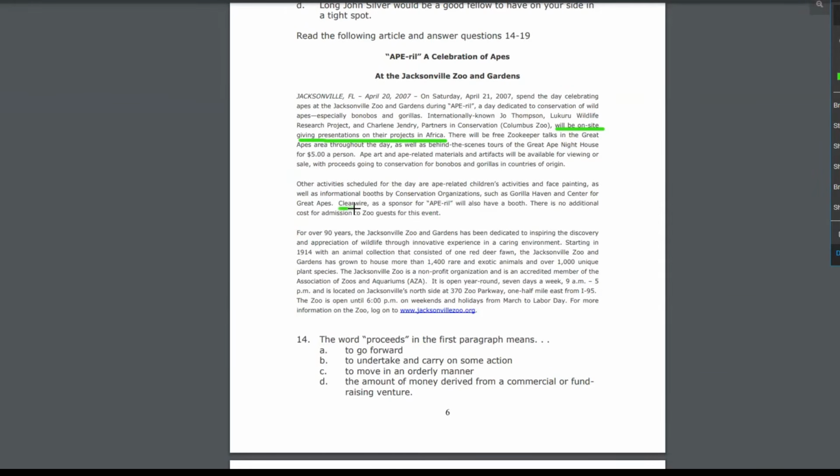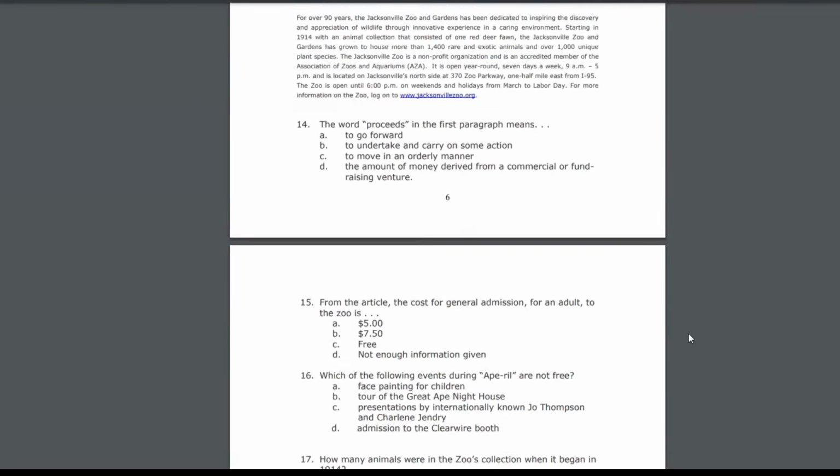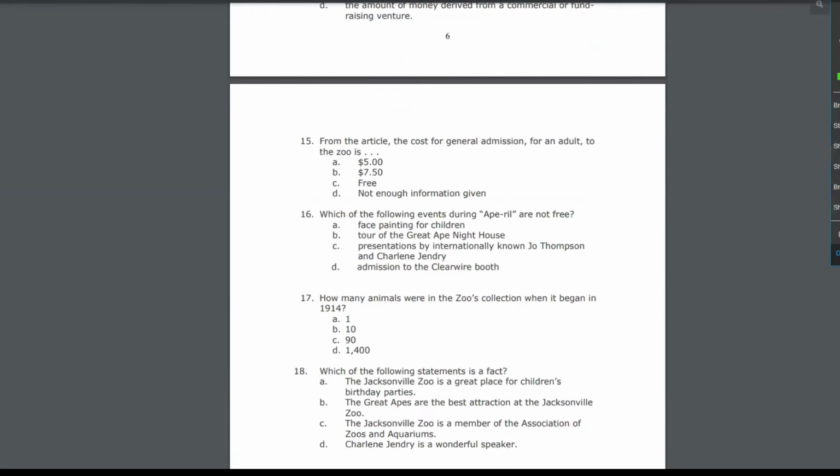Okay, here. Clearwire, also a sponsor, will have a booth, but again, there is no additional cost. So in those situations, of course, we aren't paying, which means the answer has to be B. So as you guys are prepping, always just find a method that works for you so that you, again, can get those guaranteed points.